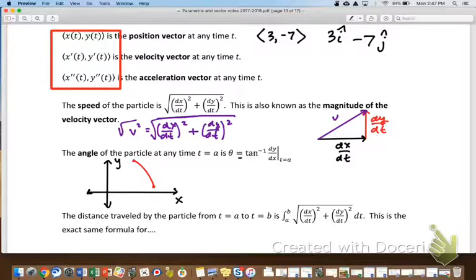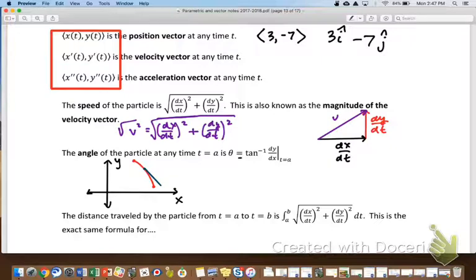It's not too hard to find the equation of the tangent line at a particular point in time. So let's say we wanted to know the equation of the tangent line right there. Of course, the tangent line itself would look something like that. That would be my tangent line.